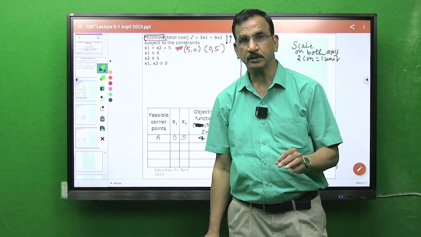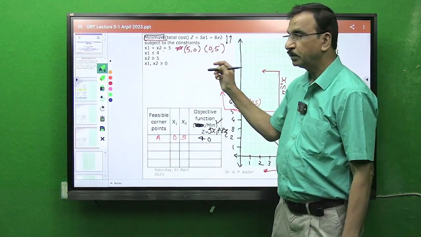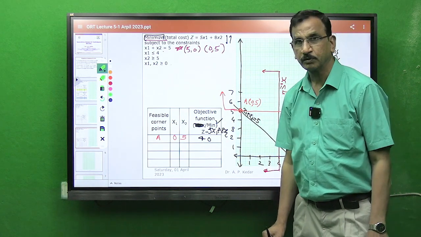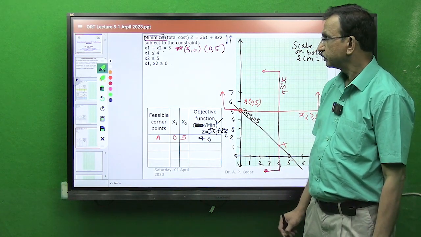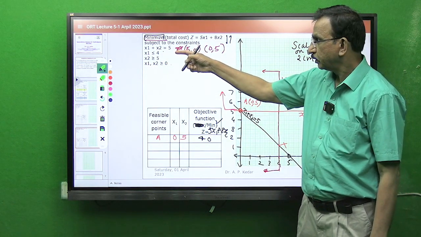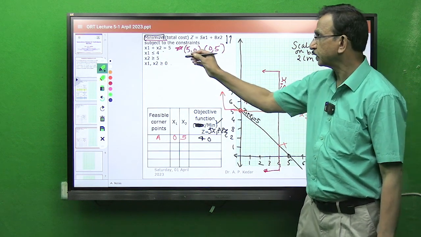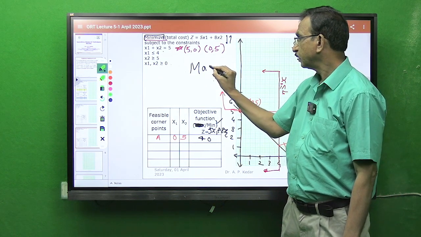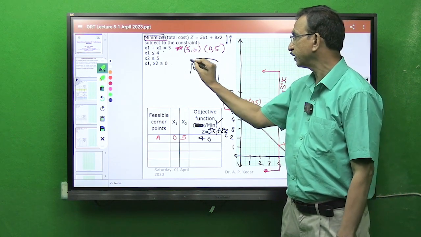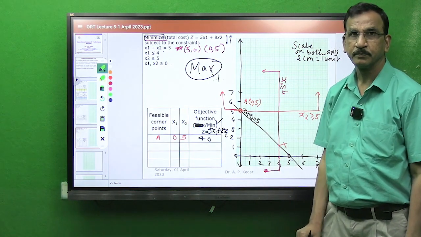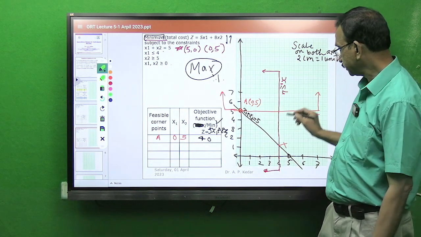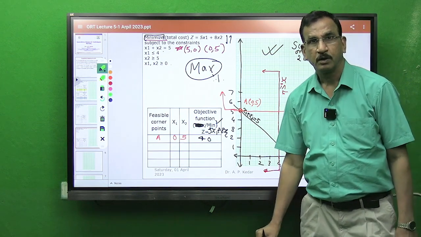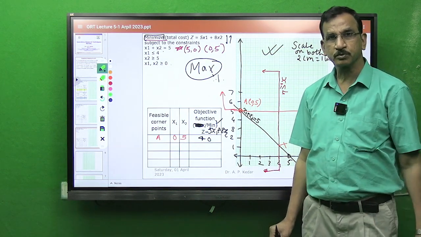What is the important thing? The solution lies on the equal to line. That you have to remember. Now, suppose the other conditions of the constraints being the same, if I only change the objective function from minimize to maximize, what will happen? Is this entire scene drawn on the graph going to change?